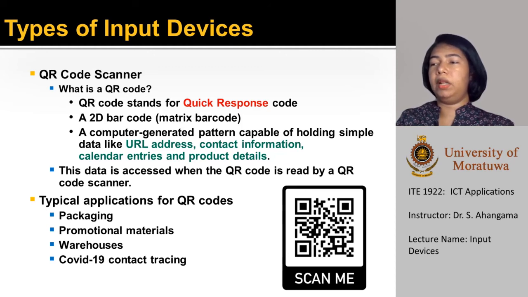For example, QR codes are used in packaging, promotional materials, and warehouses. When the user needs to get more details, they can scan the QR code and get detailed description. Also, this is commonly used in contact tracing during COVID-19 pandemic.